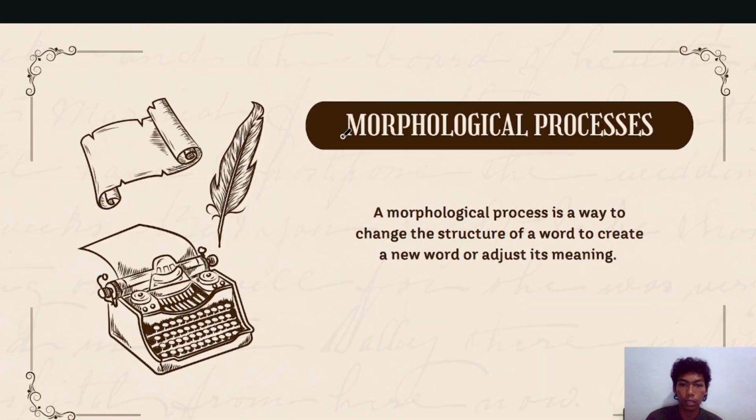Okay, the next material is morphological process. A morphological process is a way to change the structure of a word to create a new word or adjust its meaning. It is similar to the previous material, derivational and inflectional.